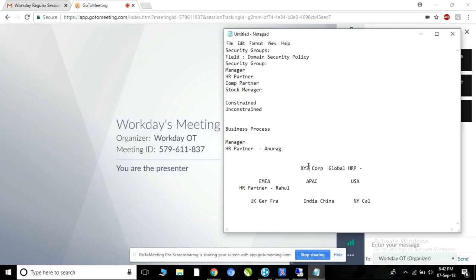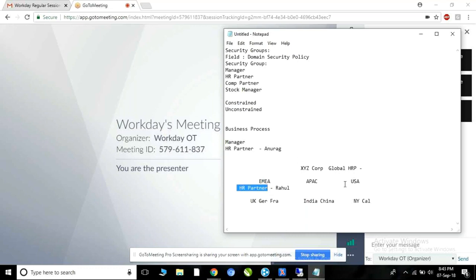Okay. Now, if we go one level down, and take an example where we have three HR partners at a regional level, one for EMEA, one for APAC, and one for USA. Let's take HR partner as an unconstrained group, just using the same example. Then this HR partner role at EMEA level can be given to anybody out of these 8 to 10 organizations.